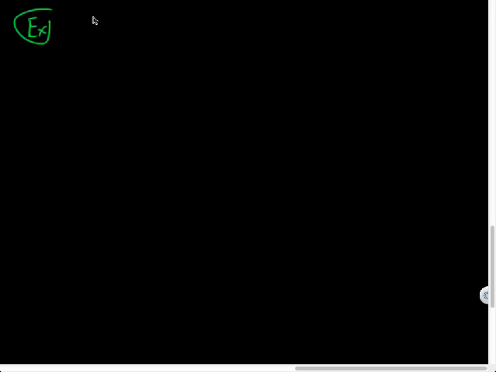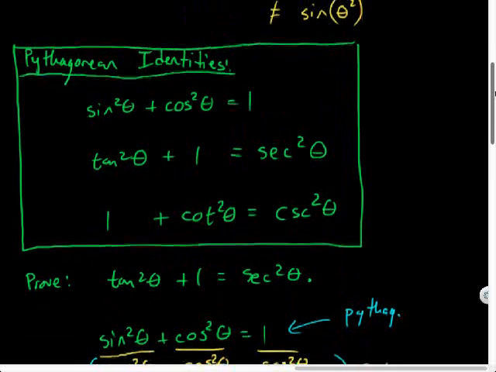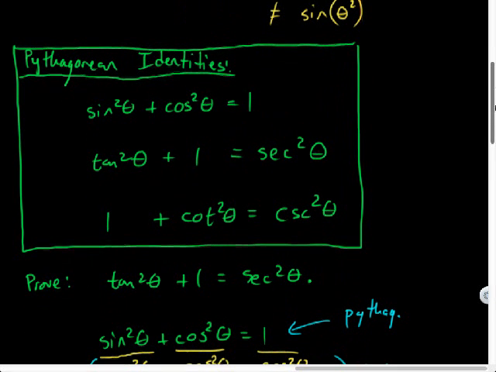All right. So let's see. If cosecant of theta is equal to 4/3, find tan of theta. Okay. So looking through our identities, I'm trying to relate cosecant to tangent.